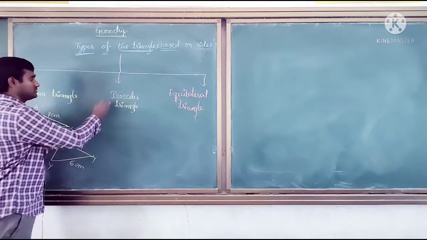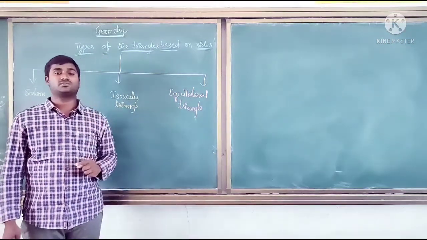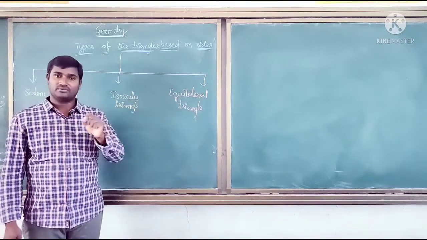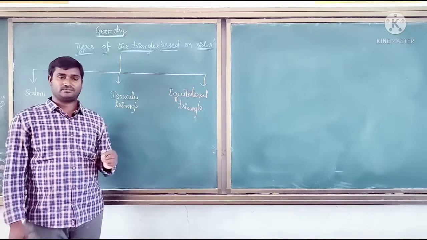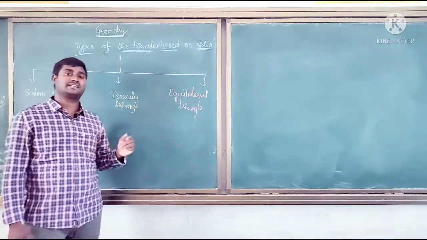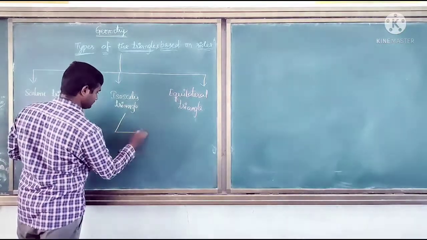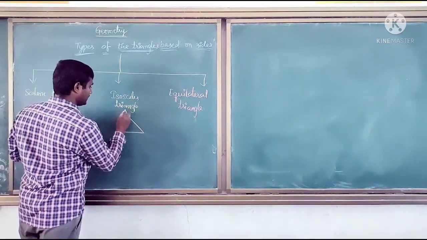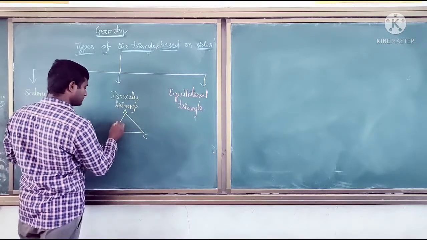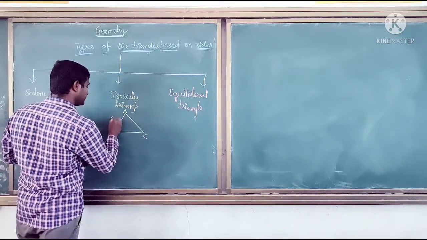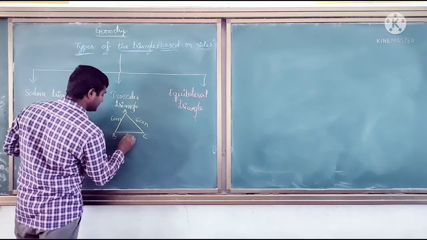Next, the isosceles triangle. In a triangle, if any two sides are equal, it is called an isosceles triangle. Suppose triangle ABC, where side AB is 6 centimeter, AC is 6 centimeter and BC is 5 centimeter.